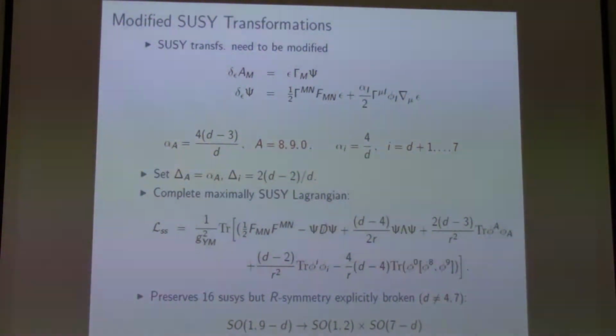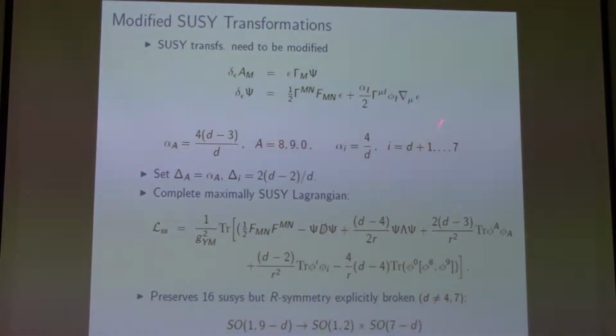But for D equals 4, you don't need to do all this, right? Yeah, no, for D equals 4, this term here is precisely the conformal mass term. This extra term I added in is not here, and this term is 0, so it's not here. You just have that term, and these two terms are the same. And for D equals 7, how do you see that you get the same? Yeah, for D equals 7, the reason you don't break anything is because 7 minus D is trivial, so there are no little i's.